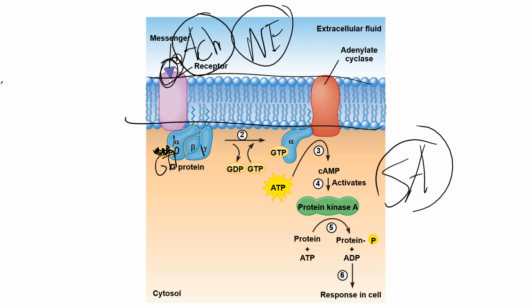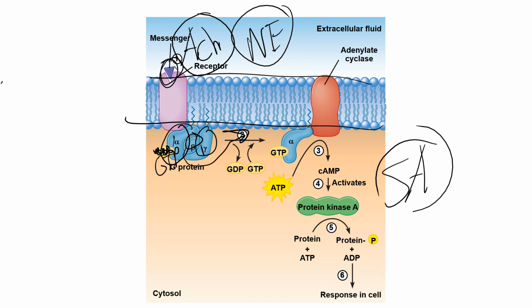Okay. This is what happens when the chemical messenger actually binds to the receptor. It causes the alpha subunit to swap out GDP for GTP. And then once the alpha subunit has swapped out GDP for GTP, it will dissociate away from the beta and the gamma subunit. It'll leave them behind, and it'll start crawling.